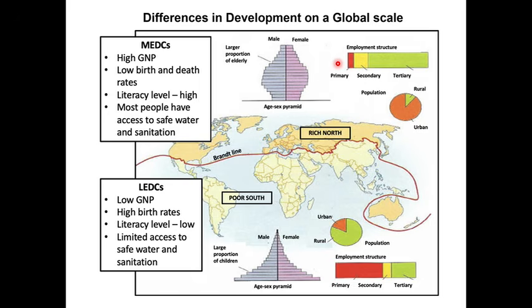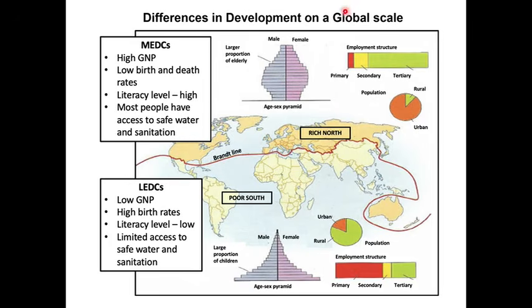There's one thing that I've still got to refer you to, and these are the pie charts here. This has to do with the population, where they live in rural versus urban areas. So let's have a look at this. In the richer north, see that orange, look at the large orange there and the smaller orange here. Please don't make the mistake and talk about the northern hemisphere.